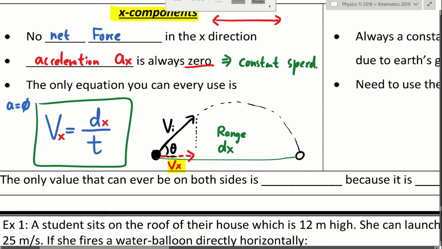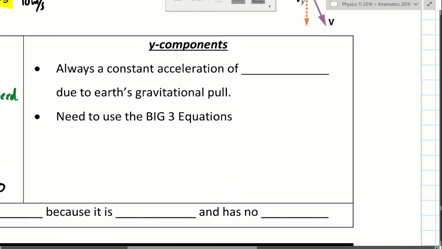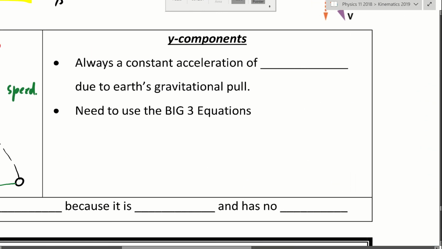Now, let's look at the vertical part, which is the more difficult part. This vertical part is basically our notes from two days ago, the free falling object part. That's exactly the same here.